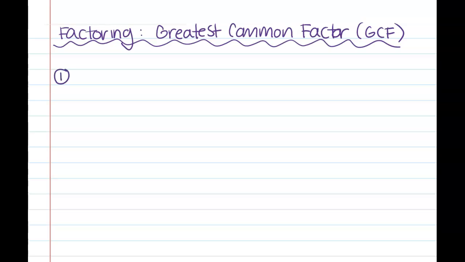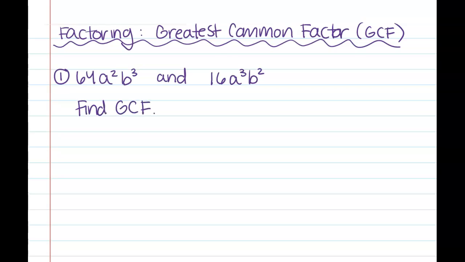So for example, if we're given 64a squared b cubed and 16a cubed b squared, let's say we're asked to find the GCF.